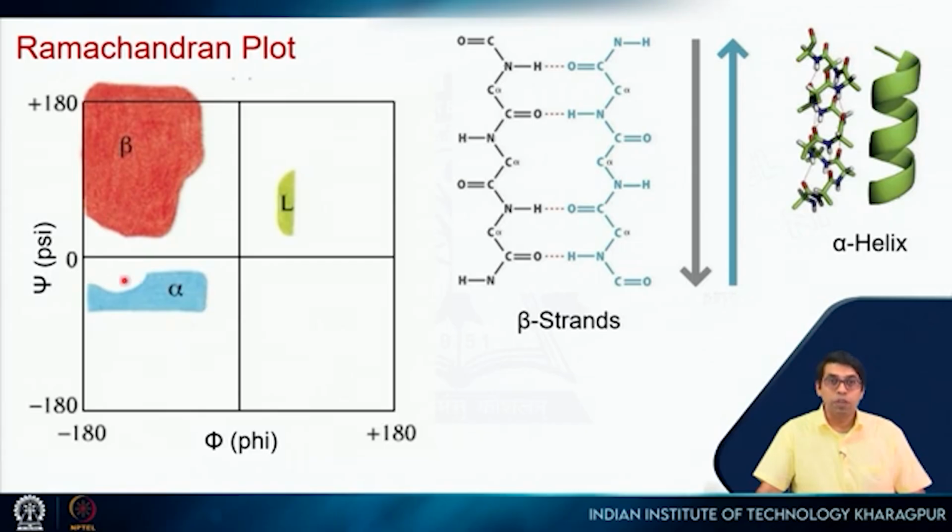When consecutive amino acids have torsion angles in this region, they form this spiral like structure called an alpha helix, and when consecutive amino acids have torsion angles in this region, they have an extended structure which forms beta strands. And of course, there can be loops which show up in other places. These alpha helices and beta strands are called secondary structures of proteins.